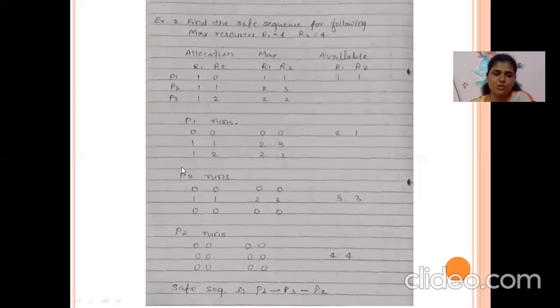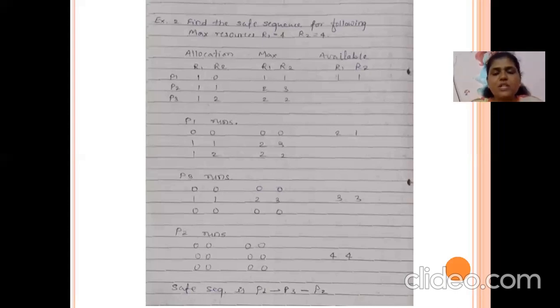So all those resources used by P3 will be released and added to the available matrix, and hence the available matrix will be modified as 2 plus 1 is equal to 3 and 1 plus 2 is equal to 3. That means there are 3 resources of R1 type and 3 resources of R2 type in the available matrix now. Now, only one process is not executed yet, that is process P2.